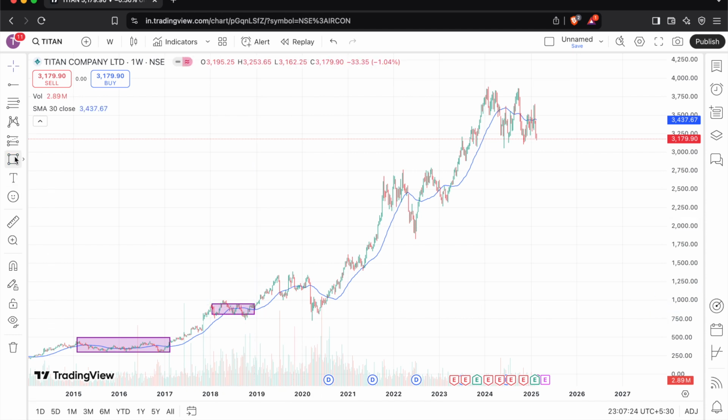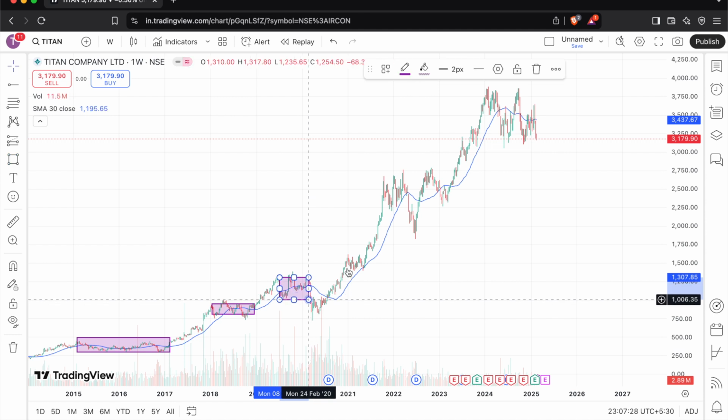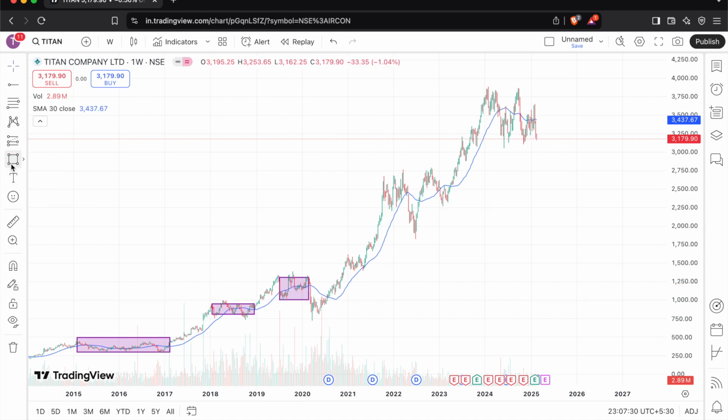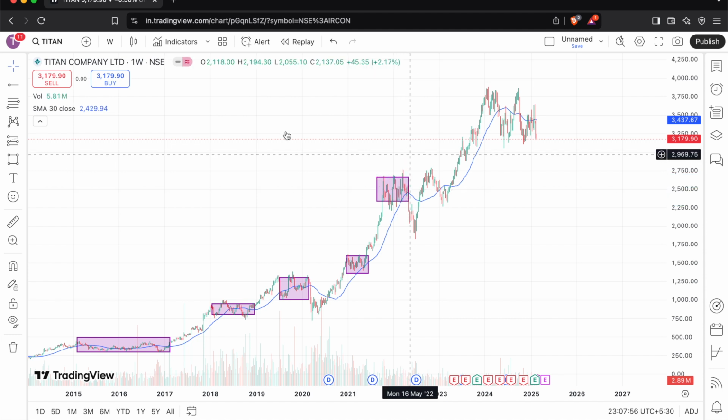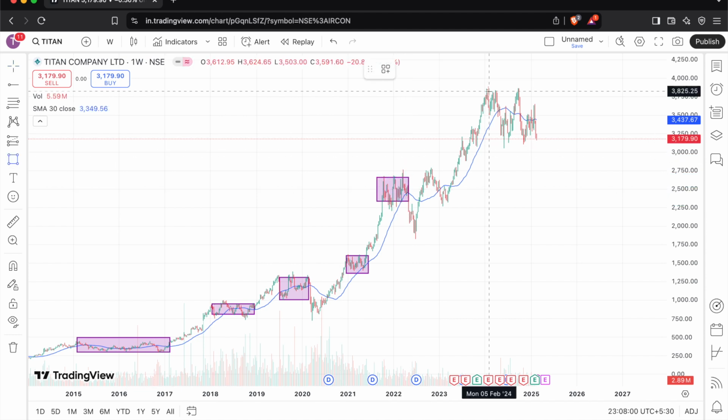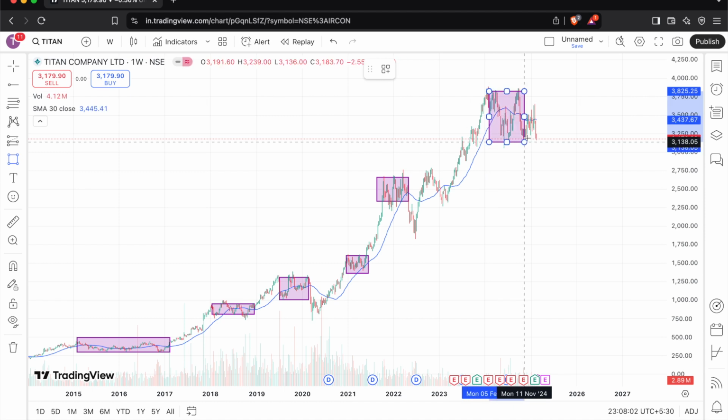First base, second base, third base, it's the fourth base, and right now also it is forming a base.